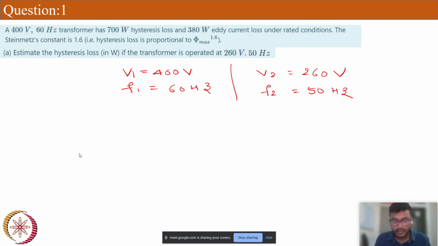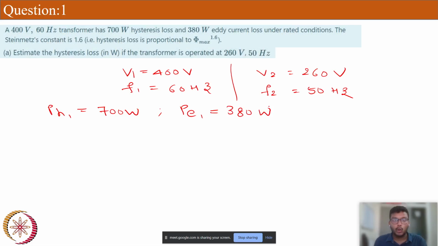Now, let's write PH1, that is 700 watts, that is the hysteresis loss, and the eddy current loss, let's represent as P1, that is 380 watts.